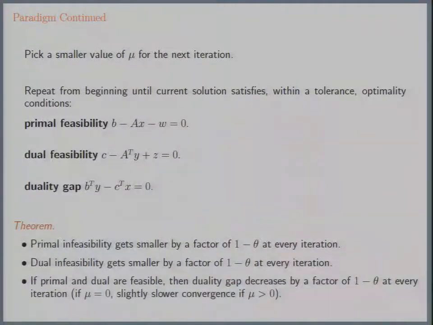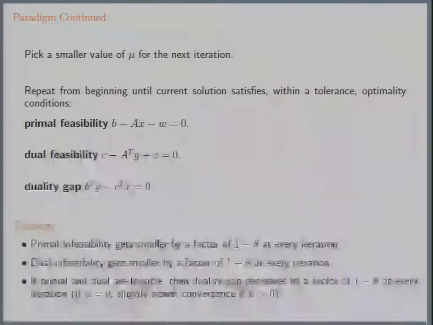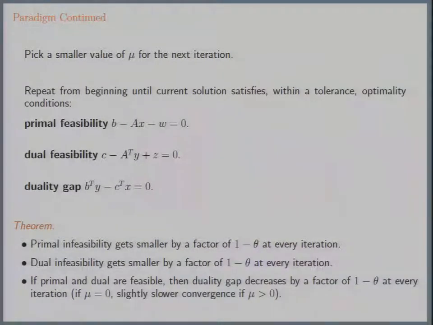So this tells us how the algorithm works. Theta was how much I had to shorten my step to keep everything positive. Newton's method told me let theta be equal to 1. That's a full Newton step, but it might take some variables negative, so I have to shorten it. But I'd love theta to be equal to 1. And this theorem tells me if I could let theta equal 1, then in one step I would be exactly primal feasible, exactly dual feasible, and then in the second step I would get duality gap going to 0.